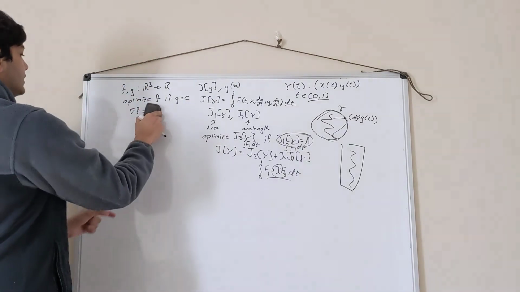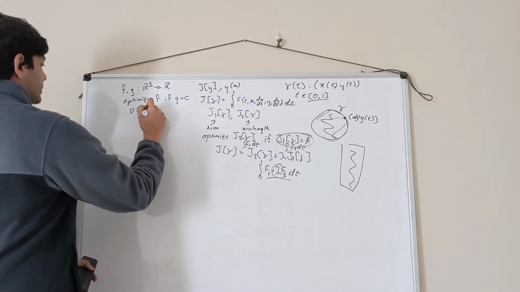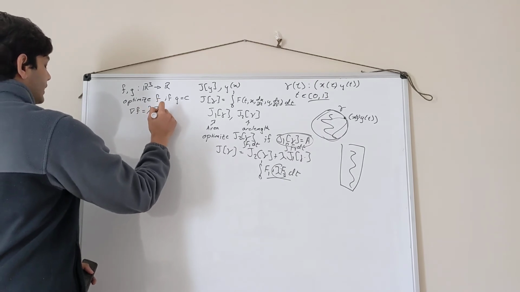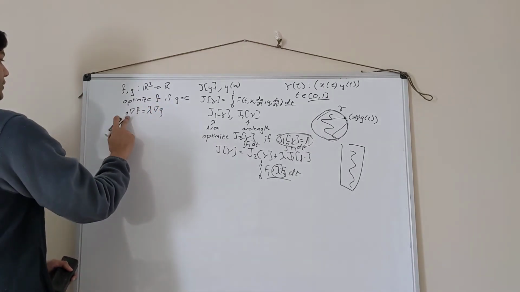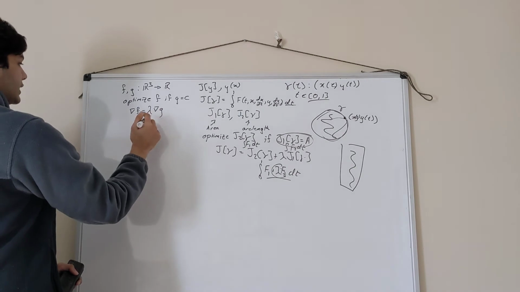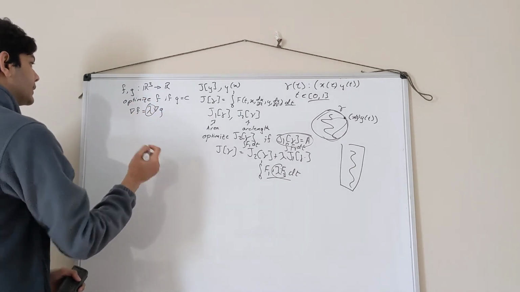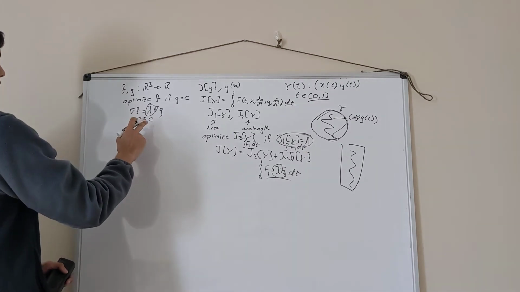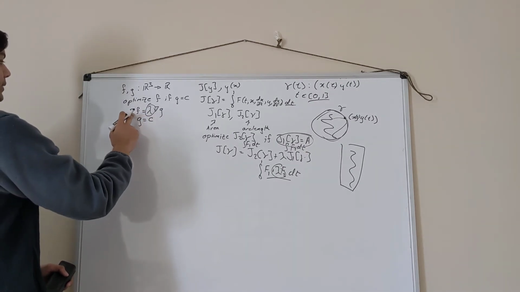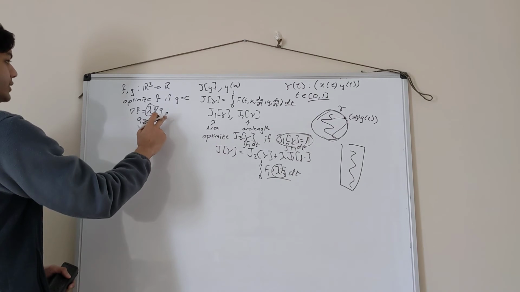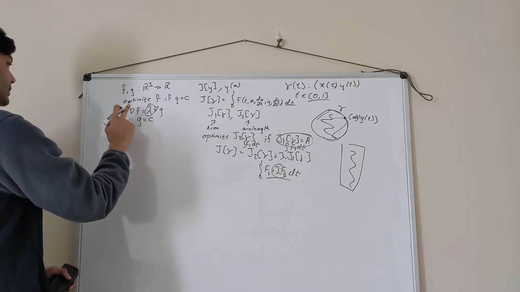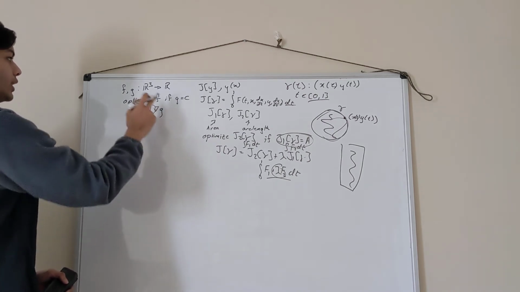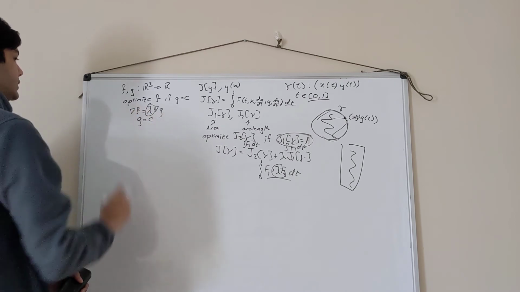This is just saying that their derivatives are proportional to each other. Here you have three variables from here, three variables from there, and you also have this unknown variable lambda. The fourth equation you have is g equals c. So this gives you four variables and four equations, which you then solve for x, y, z, and lambda.